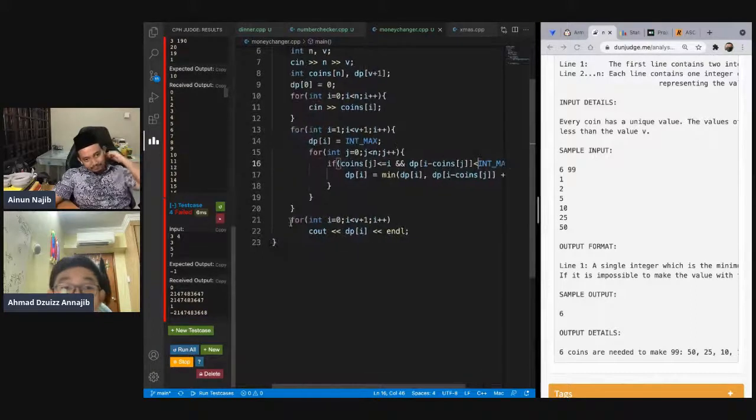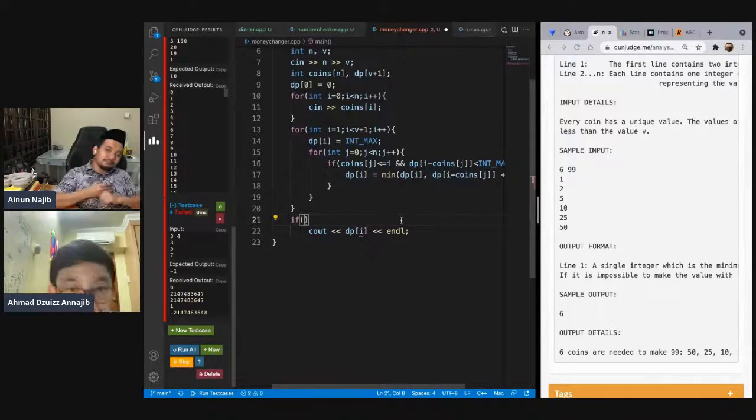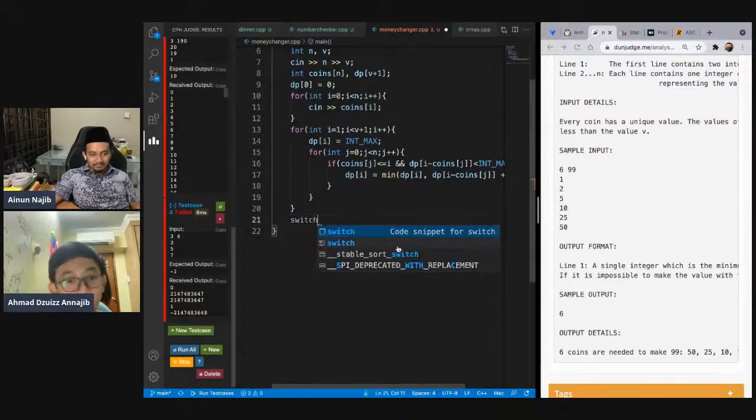I want to try using a switch now. I have not tried using a switch for very long.